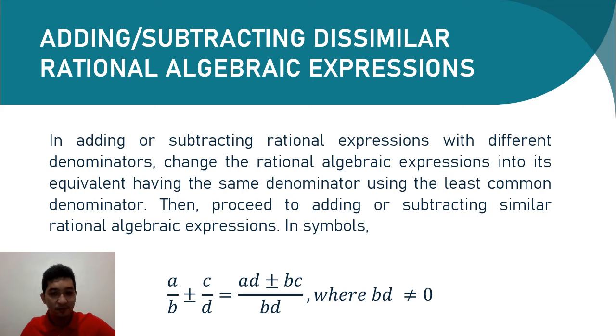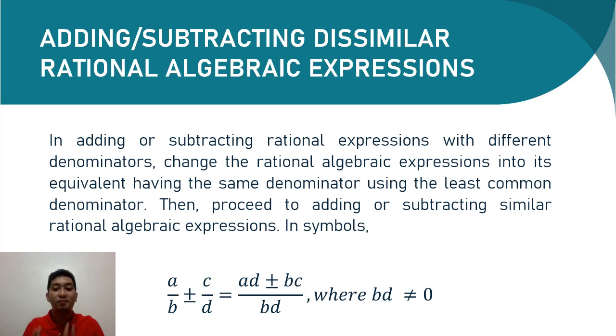So, in adding or subtracting rational algebraic expressions with different denominators, change the rational algebraic expression into its equivalent having the same denominator using the LCD or the least common denominator. So, then proceed to adding or subtracting similar rational algebraic expressions.